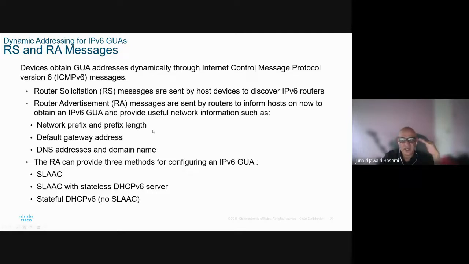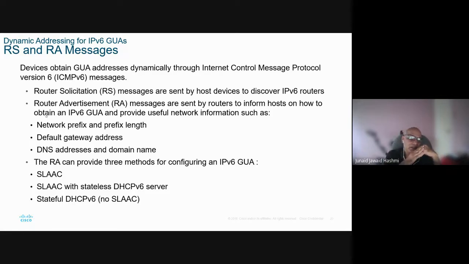In the same way, in IP version 6, hosts send a message to discover routers, then the routers send a message back to the host so it can obtain an IP version 6 address.